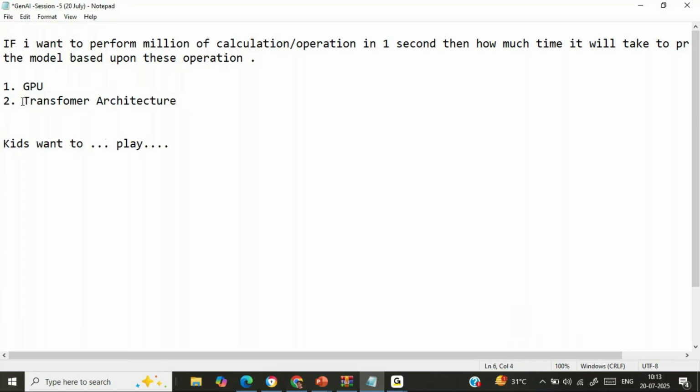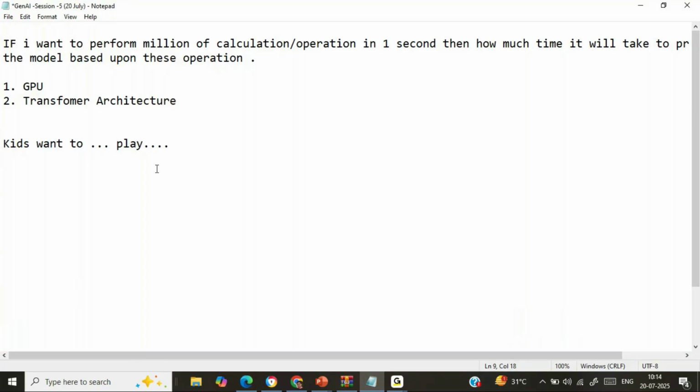Okay. So what exactly is happening inside the transformer architecture? If we are providing a certain sequence of tokens, and how are we able to predict the next token? Okay, kids want to, and space, this is the predicted one. It might be possible like kids want to prank, kids want to go out.